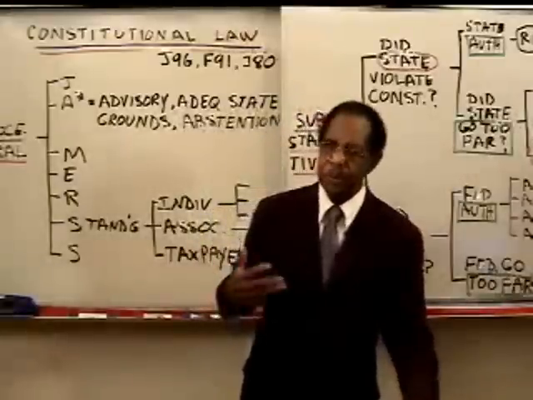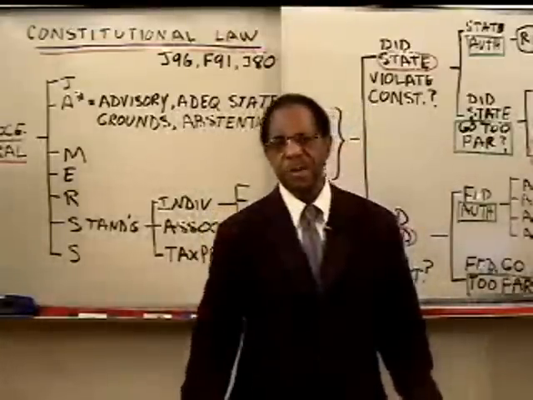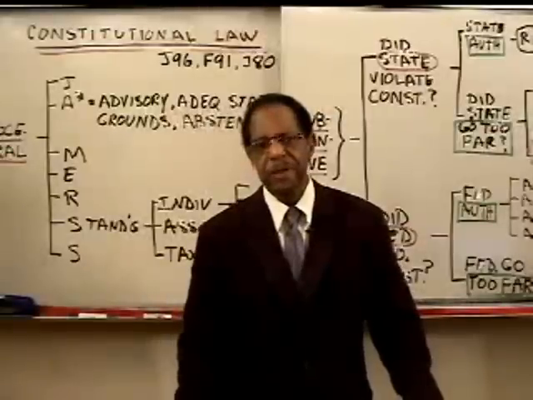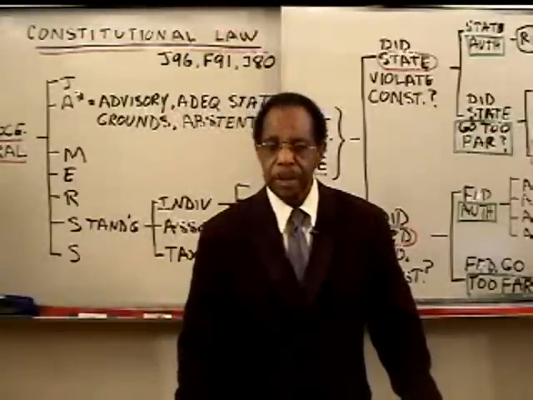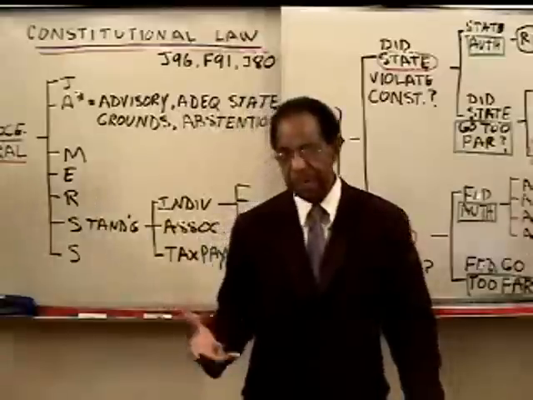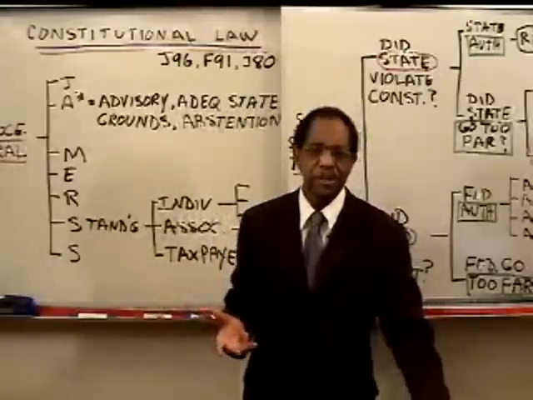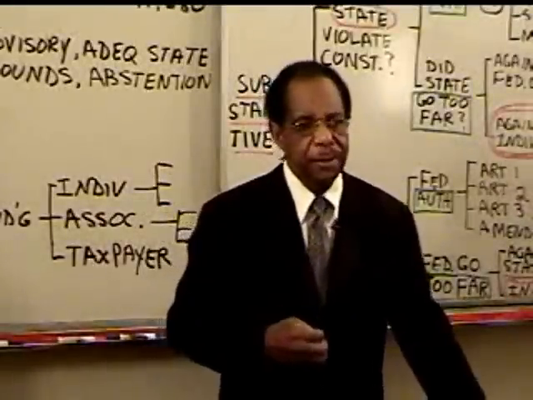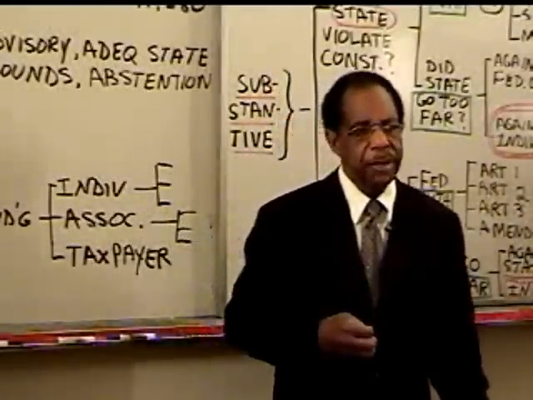The only exception we know of course, is the 13th Amendment against involuntary servitude. But outside of that, only the state can violate the Constitution. And so the state or federal government, so the government is always the defendant. But the plaintiff needs to have standing. They need to be the injured party.